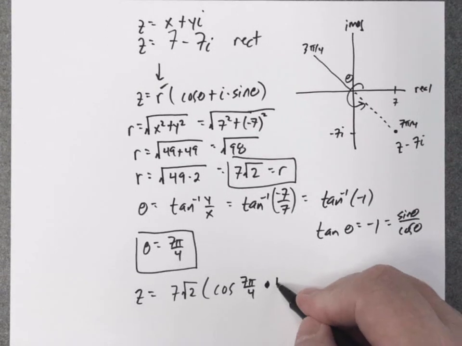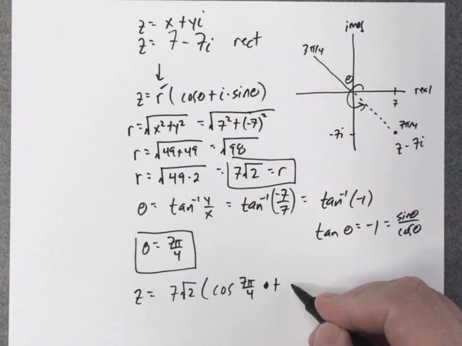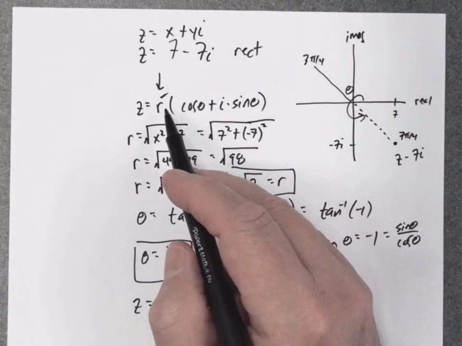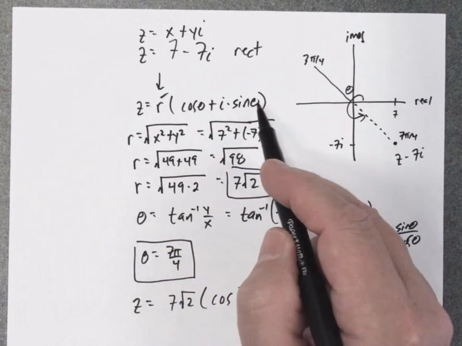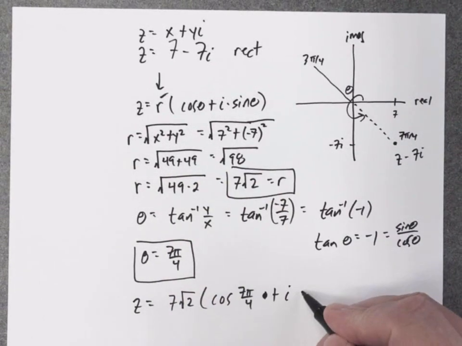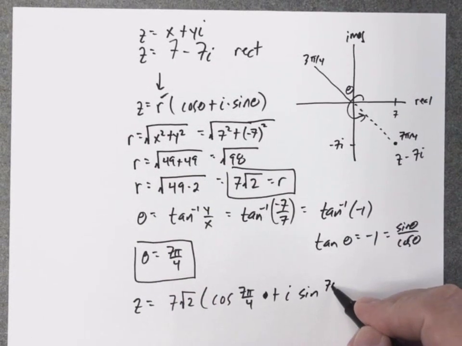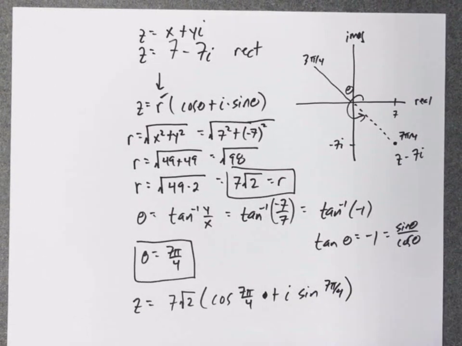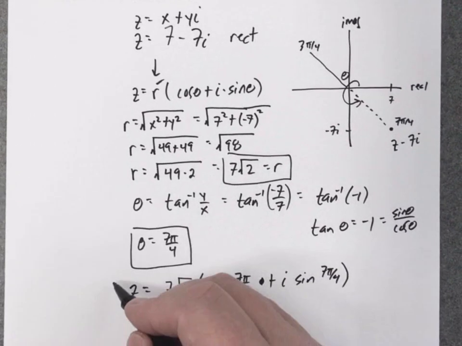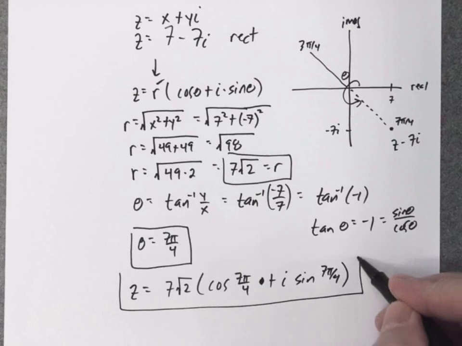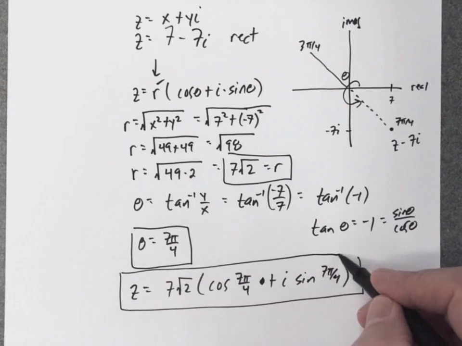Yeah, sorry. I want to make sure I didn't make a mistake. So yeah, the polar form is cosine theta plus i sine theta. So there's the polar form of the equation.